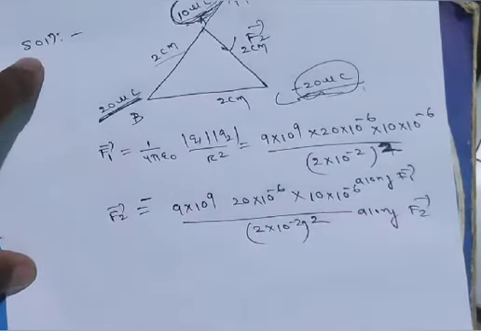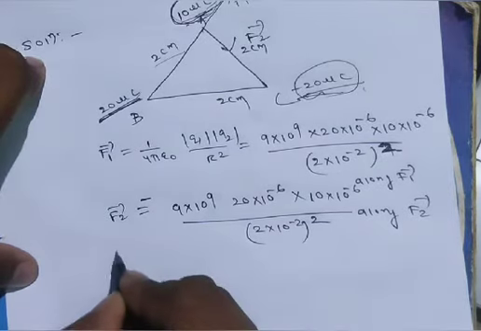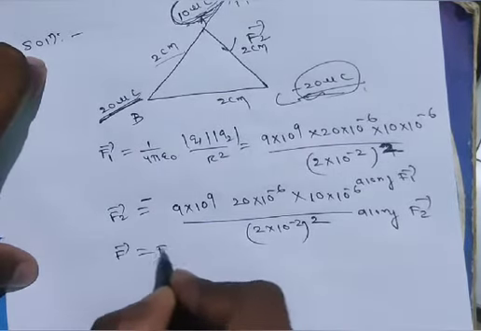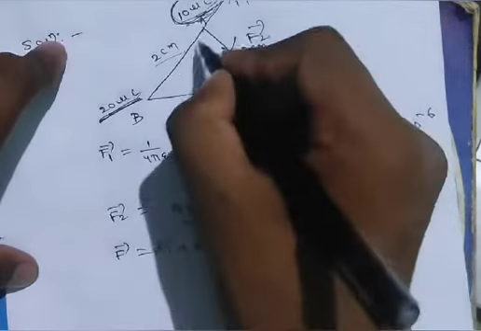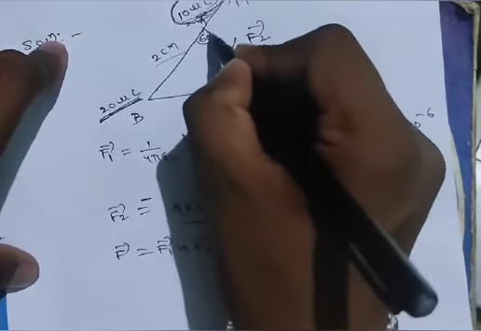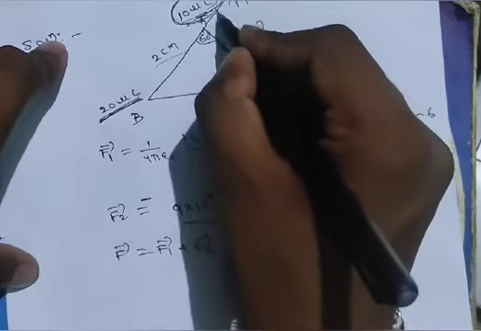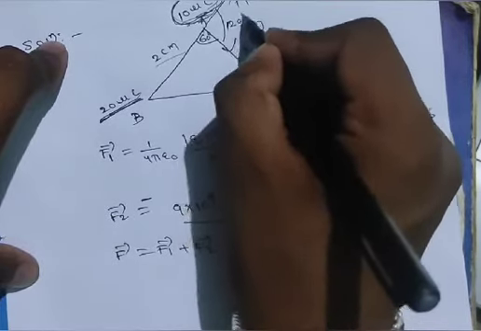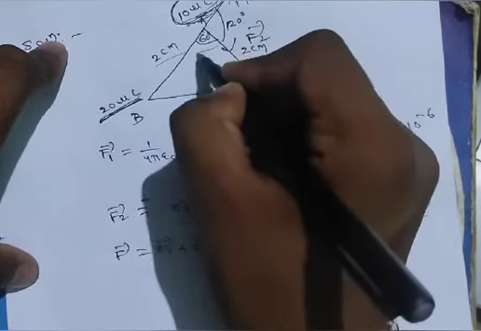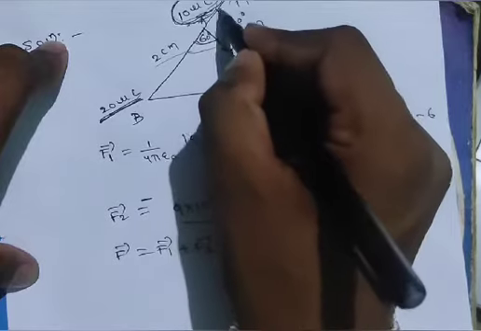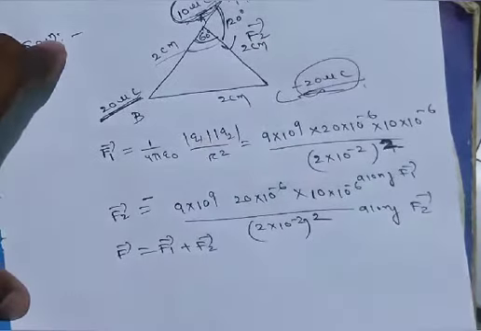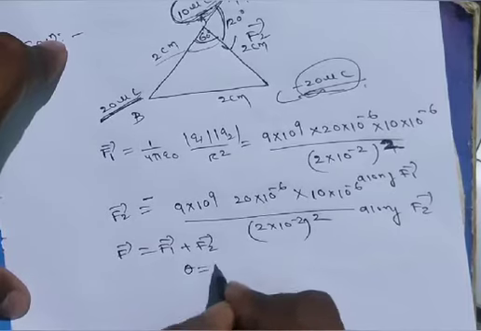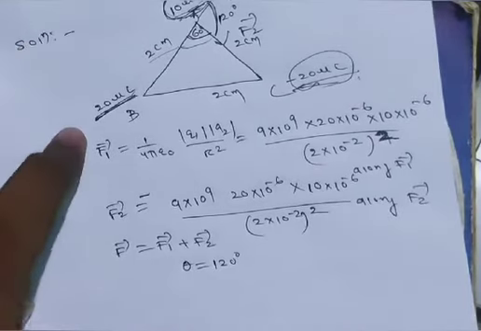Now I shall calculate the resultant force on the charge 10 microcoulomb. That will be the vector sum of vector F1 and vector F2. This angle is 60 degree because it is an equilateral triangle, so the remaining angle will be 120 degree, because the total is 180 degree. So the angle between F1 and F2 is 120 degree.